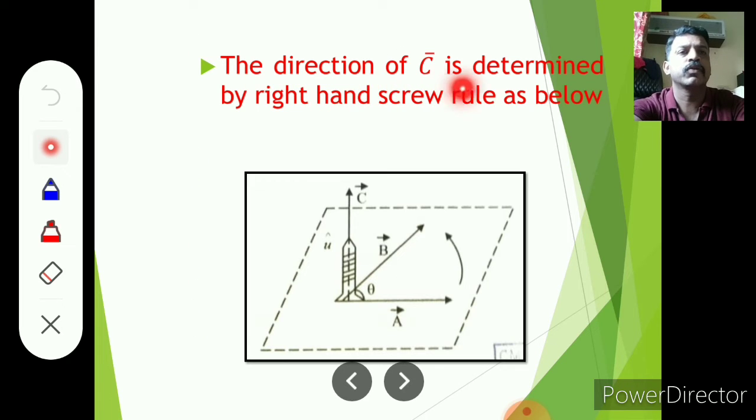The direction of C is determined by the right hand screw rule. If we rotate the screw in this direction, the screw will move inward. So by the right hand screw rule, we can show the direction of the resultant vector.